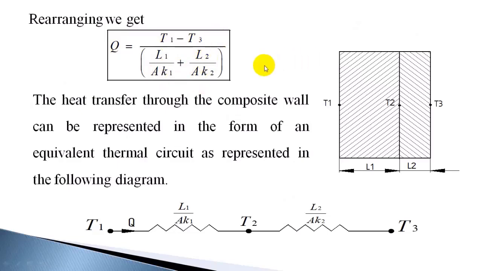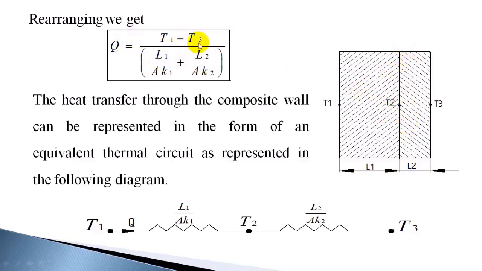So we already got three equations for Q. Q is T1 minus T2 divided by L1 by AK1. Again Q is equal to T2 minus T3 divided by L2 by AK2. And also Q is equal to T1 minus T3 divided by L1 by AK1 plus L2 by AK2. The difference in this equation is that we have eliminated the interface temperature.